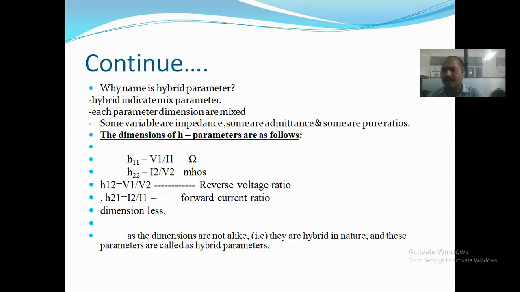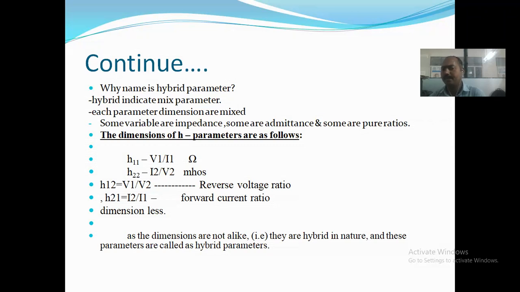Hybrid indicates there are different varieties, so these are mixed parameters. The output equations that come should be mixed, meaning their dimensions are mixed. Hybrid indicates that whatever output comes is sometimes impedance, sometimes admittance, sometimes a voltage ratio, and sometimes a current ratio, which is a pure ratio.